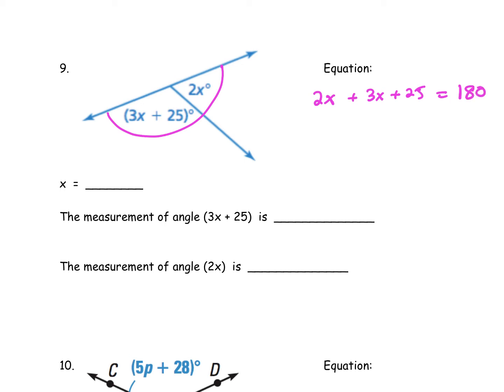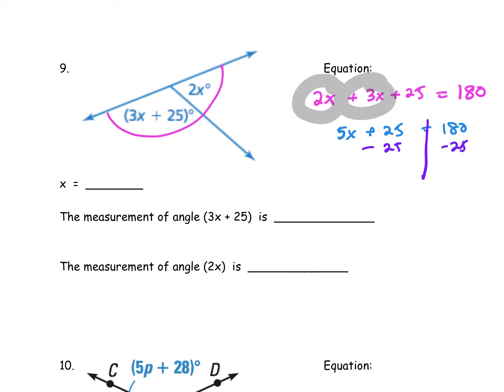So now we want to gather up our like terms. 2x and 3x are like terms. So we're going to add them together to get 5x plus 25 equals 180 degrees. What's our first solving step? We have to subtract 25.